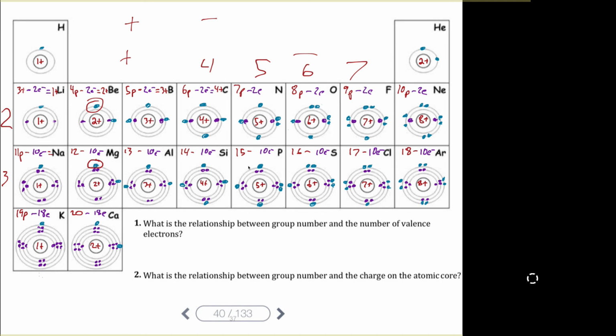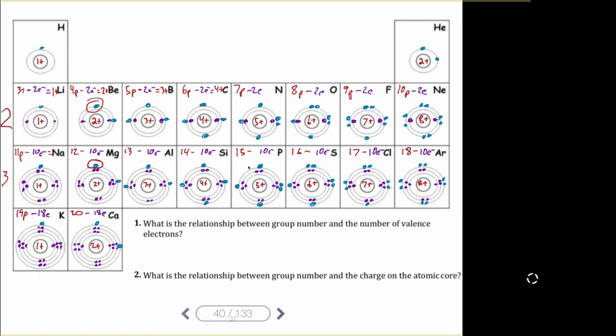And then what is the relationship between group number and the charge on the atomic core? Again, I just answered that, it's the same. The valence electrons happen to also be the core charge, which isn't saying that valence electrons are core charge, it just works out mathematically that they're the same.